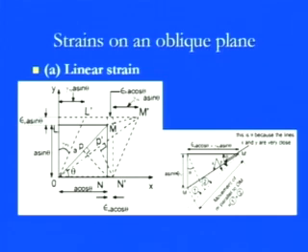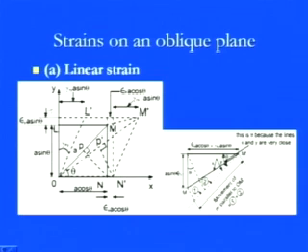Now, similar to the stresses on an oblique plane, we want to calculate the strain on the oblique plane. So what we have earlier is a simple OLMN. OLMN is the original unit cube in the xy plane.